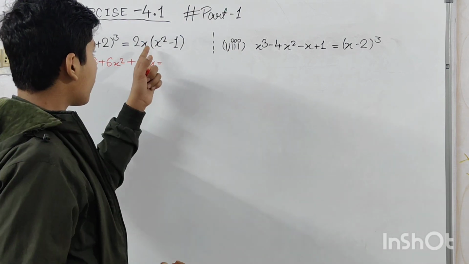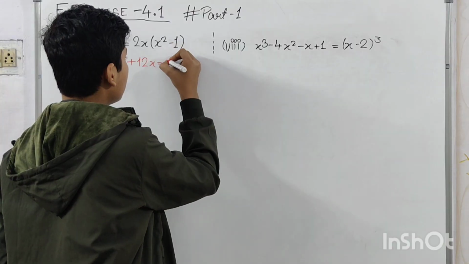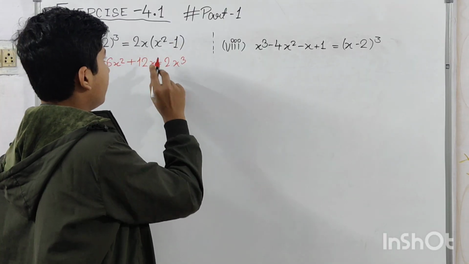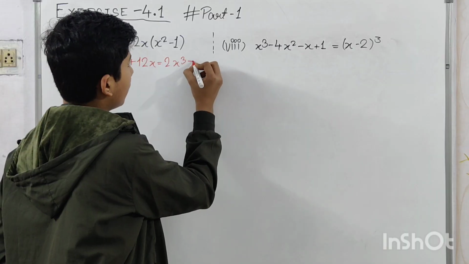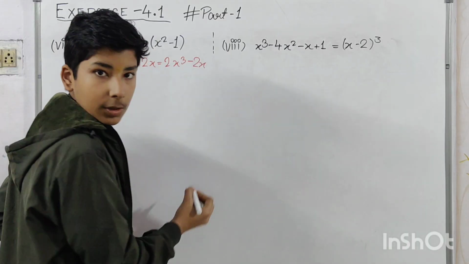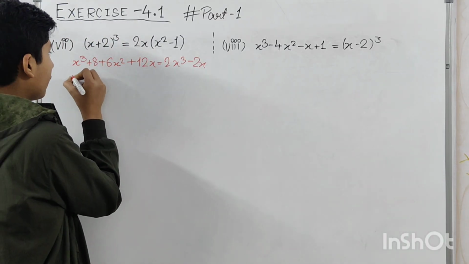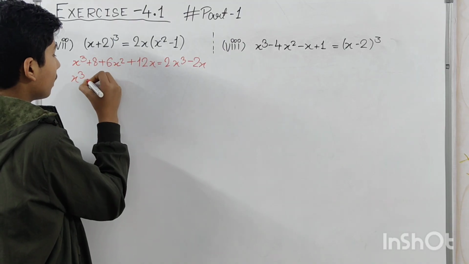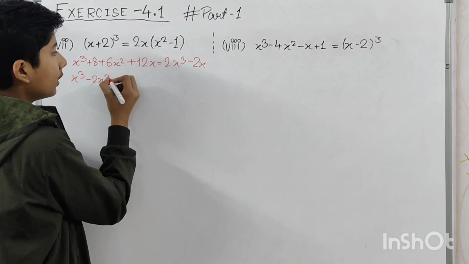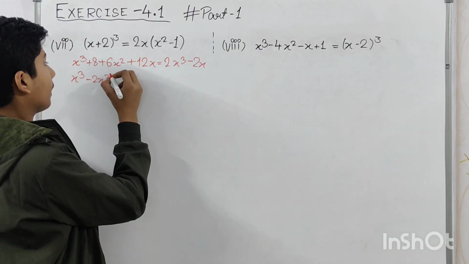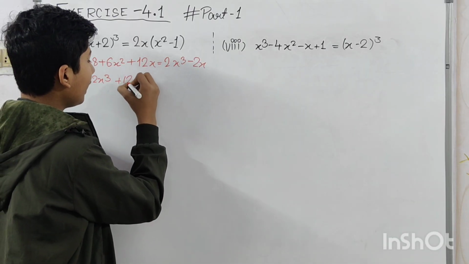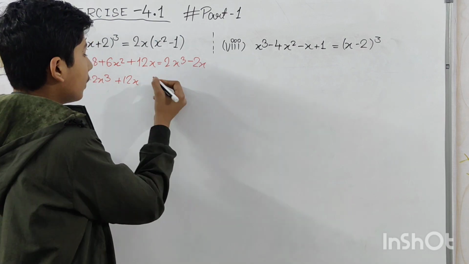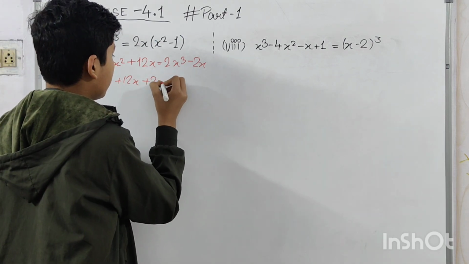equals to 2x into x square. So 2x cube. Then 2x into minus 1, minus 2x. So let's solve this. x cube minus 2x cube. Then 12x, here it was minus, so it will go here and it will become plus 2x.